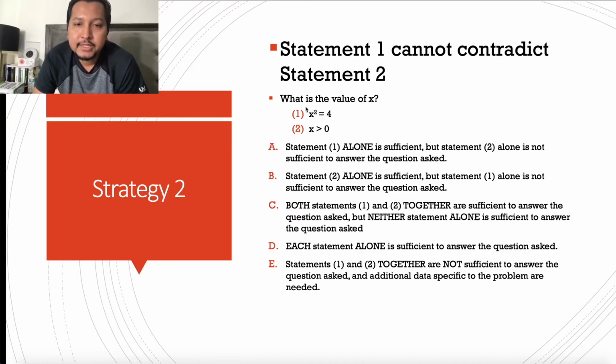Statement 1 doesn't give us a definite value of x, but since statement 1 cannot contradict statement 2, we can combine these two pieces of information and say the correct answer is C, since statement 2 tells us x is greater than 0, and statement 1 tells us x could either be 2 or minus 2. So the value of x should be positive 2, and our answer here should be C.